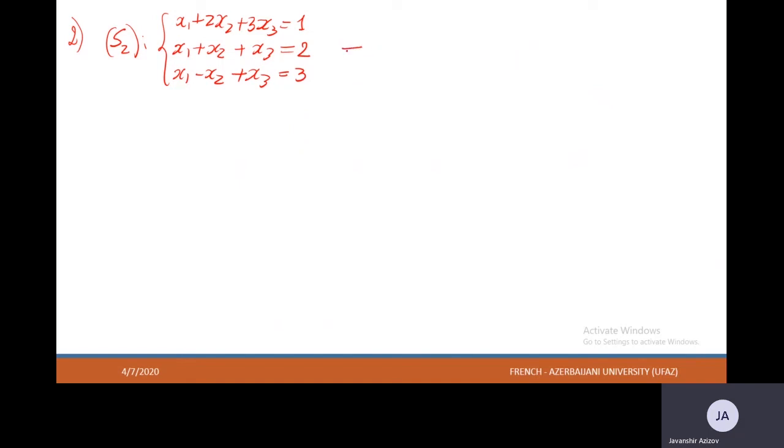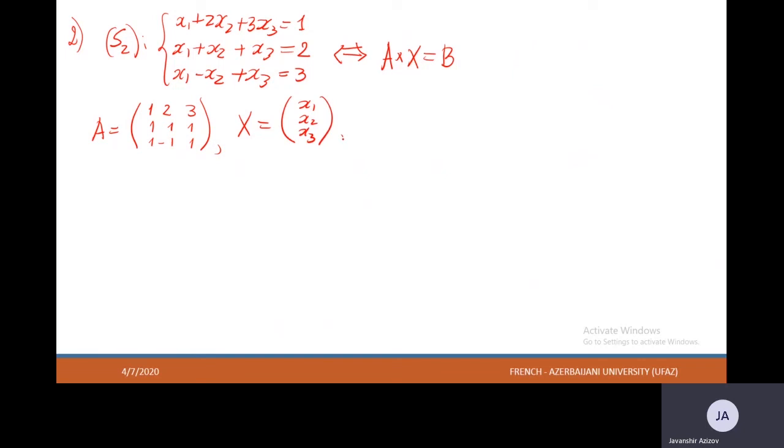As you know, this system is equivalent to the matrix equation A times X is B, where A is the matrix of 1, 2, 3, 1, 1, 1, 1 minus 1, 1. X is a matrix of x1, x2, x3.